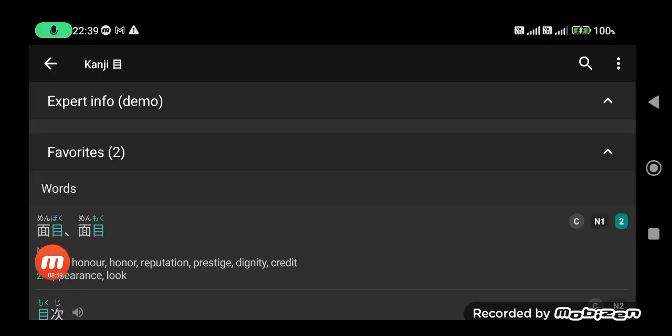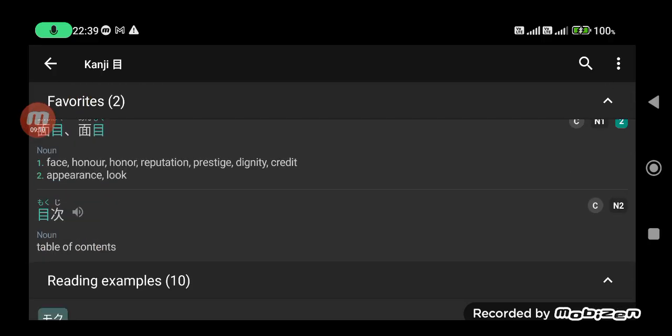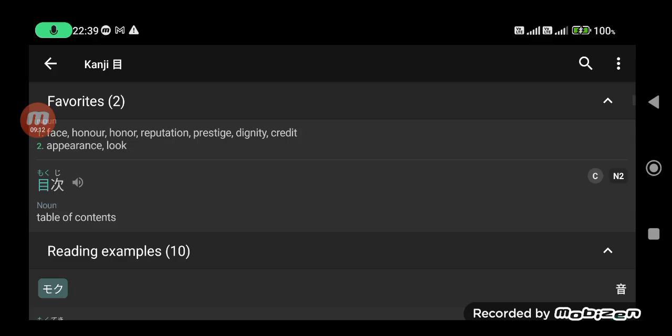Menboku means honor, reputation, prestige, or dignity. Face, menboku. And we have here, very common in books and in manuals, mokuji. Mokuji means table of contents.